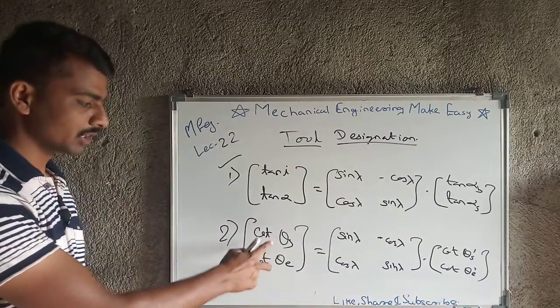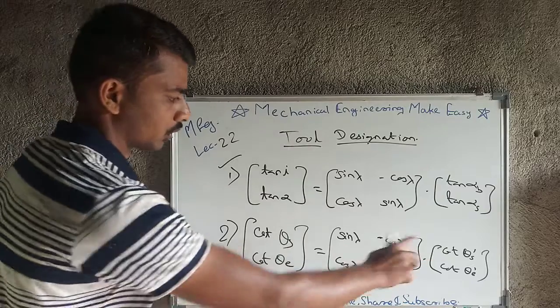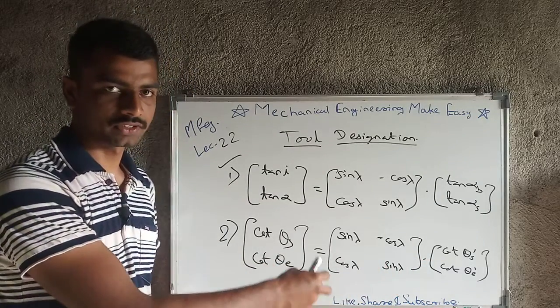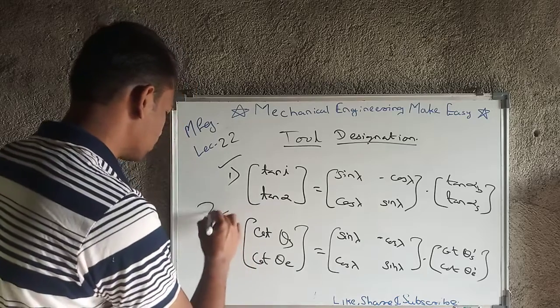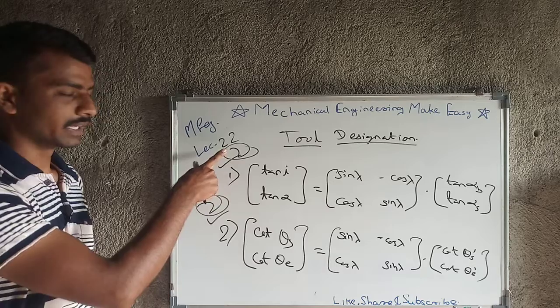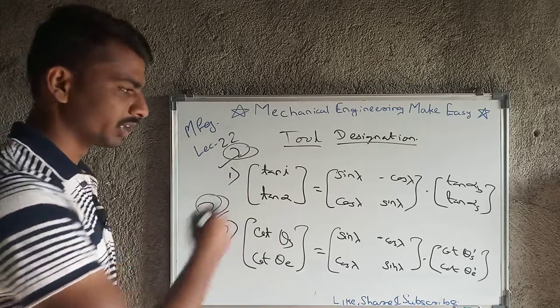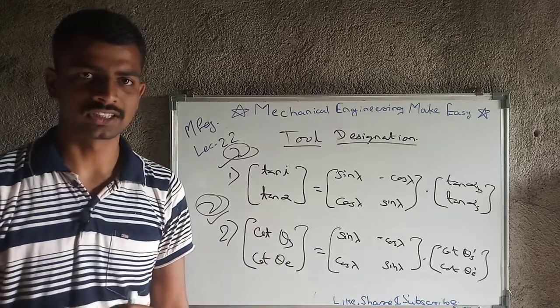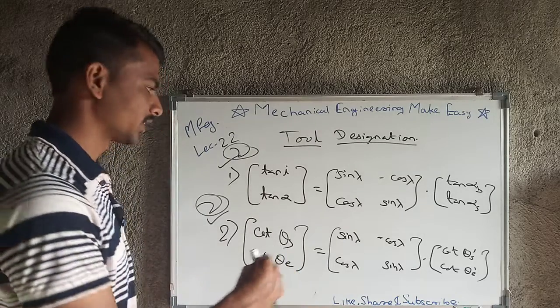So from this also we are using nearly 5 parameters. From those 5 parameters, we will get at least 2 parameters from this and 2 parameters from this. So we can get 4 parameters from these two equations, so that we are able to convert the ORS system into ASA system or ASA system into ORS system.